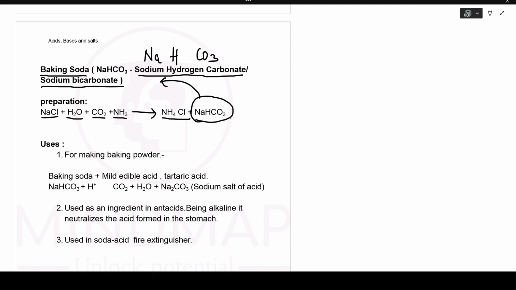Now what happens when you use baking soda for cooking? NaHCO3 on heating, because when you are cooking, you will heat it, right? So what is formed? First you will get sodium carbonate, plus carbon dioxide gas is released, plus water is produced as vapors.